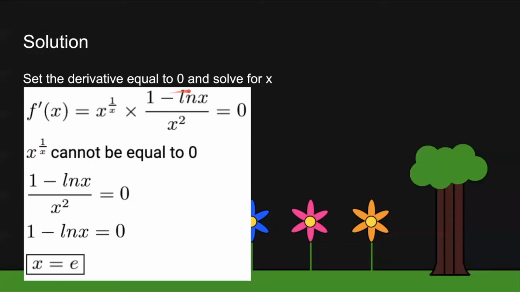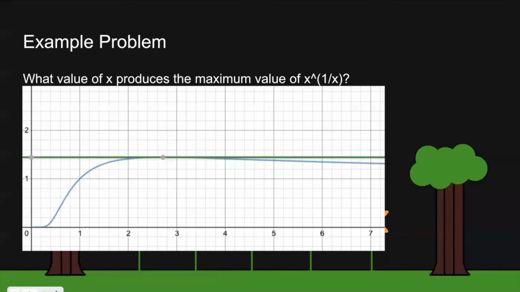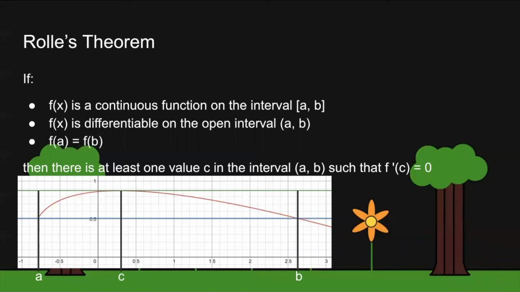So anyway, that means that the only possibility is this is equal to 0. So we solve, and we get that x is equal to e. All right, so that means that x equals e produces the maximum value of x to the power of 1 over x.